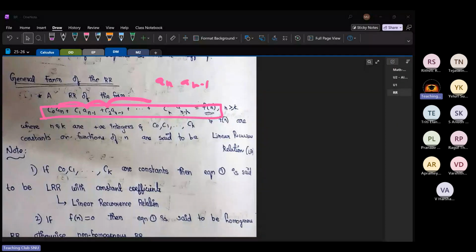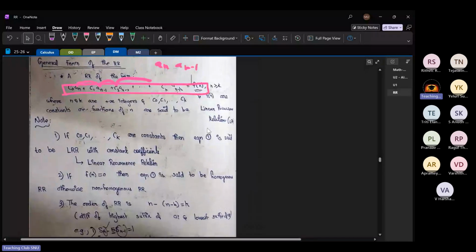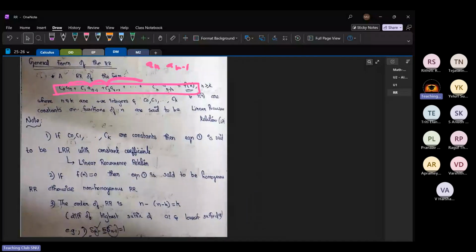No worries. So this is the general form of the recurrence relation. What you are going to do here is find a mechanism for solving this equation in such a way that it is not dependent on itself. There are different forms of solving equations. In the general form, all the coefficients could be constant, or all the coefficients could be in terms of n also.